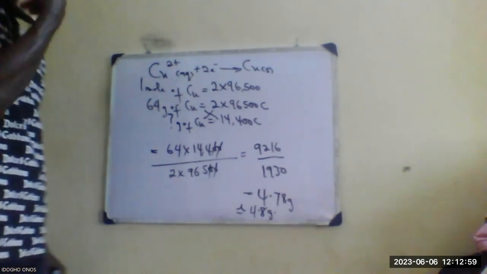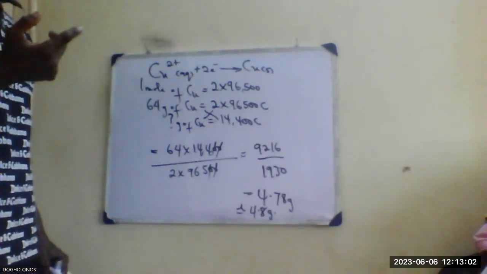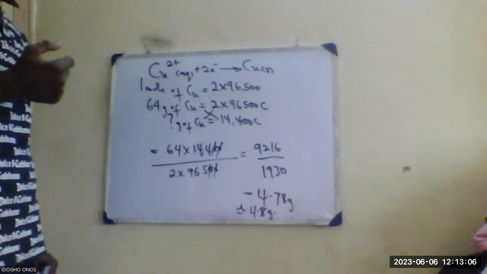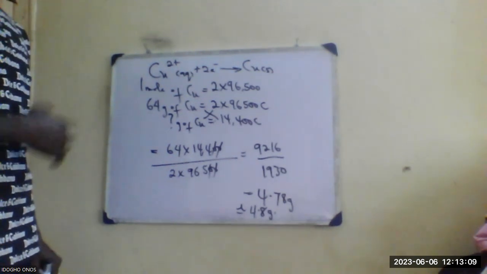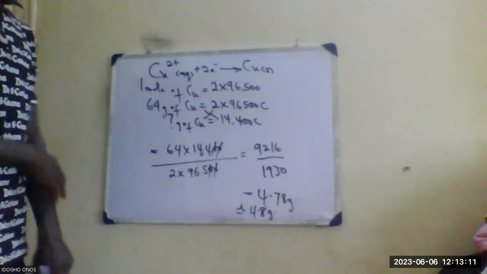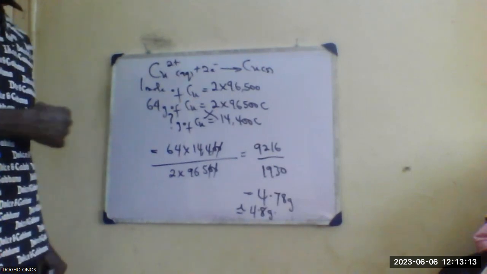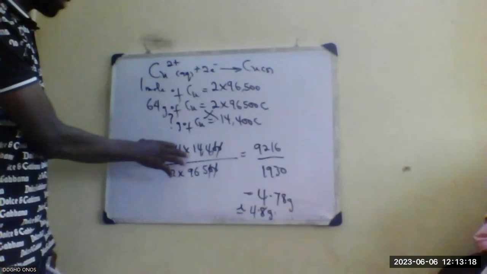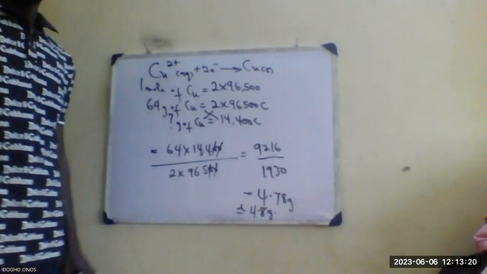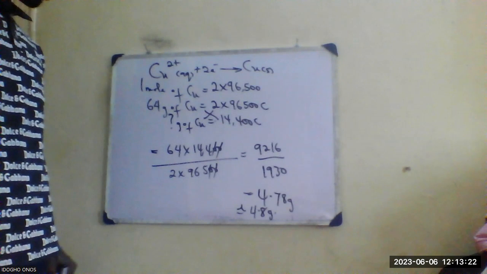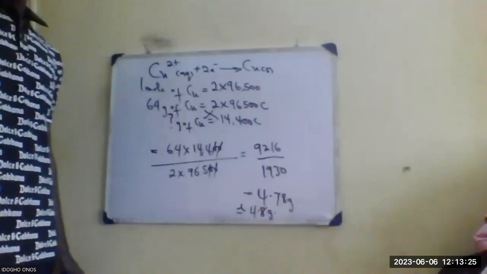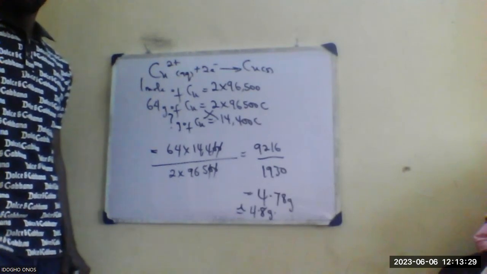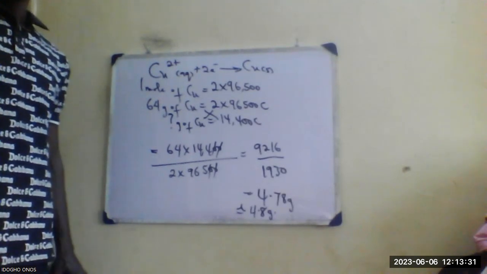If your calculator is a scientific calculator, is it a scientific calculator, sir, or the phone calculator? Okay, this is a scientific calculator. What you do is this. Does it have a bracket function? Yes, sir. Okay, open a bracket. Type 64 times 14,400. Then close the bracket. Then divide.